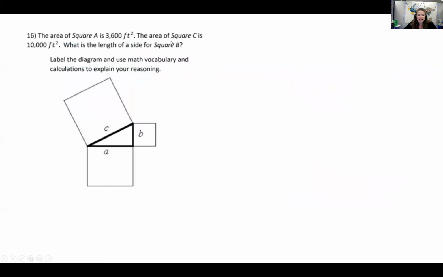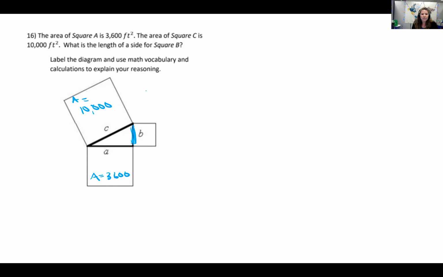All right, number 16, it says the area of square A is 3,600. So the area is 3,600. The area of C is 10,000. What is the length of the side of B? Not the area of B, but the length.